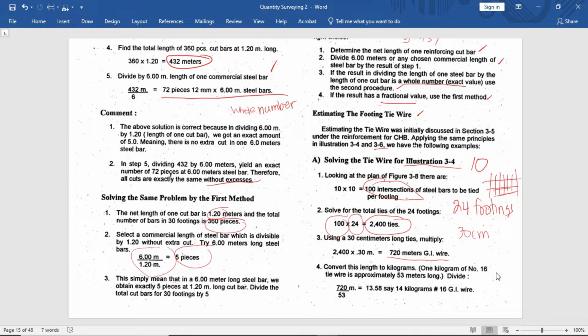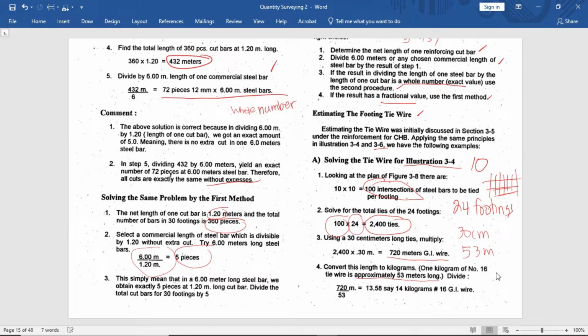Katapos nun, diba, nakalagay dito, convert this length to kilograms. So, 1 kilogram of number 16 tie wire is approximately 53 meters long. Di ba last time, in every 1 kilogram, ibig sabihin, 53 meters long na yun ng tie wire.